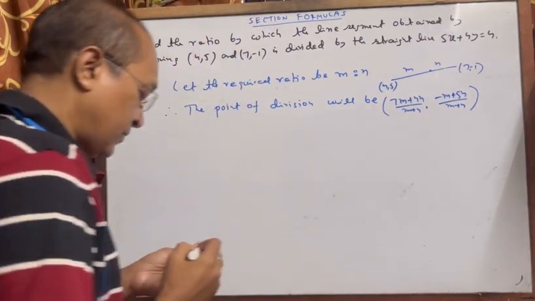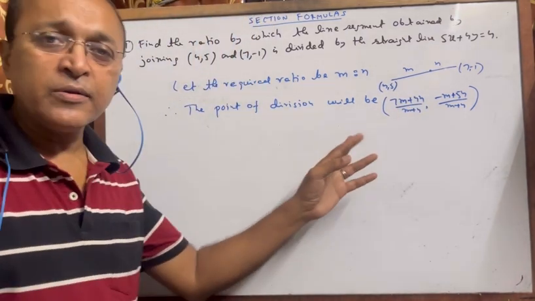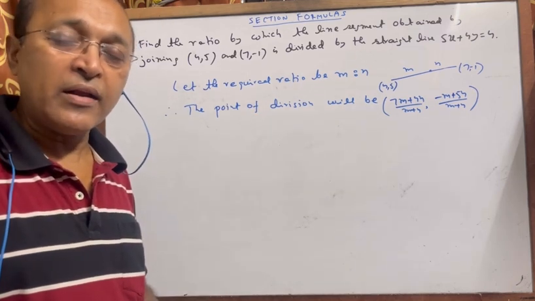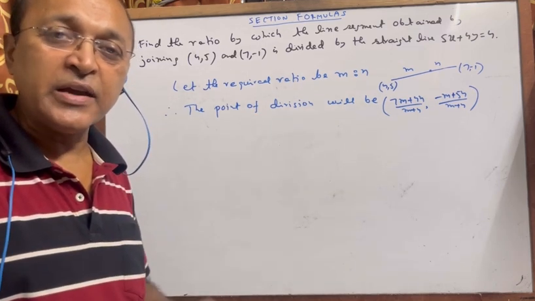Okay. So we got the coordinates of the point where that particular straight line is being intersected.